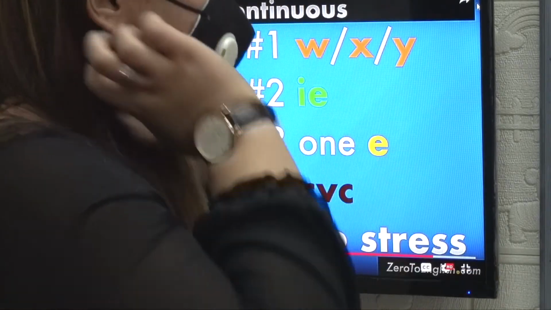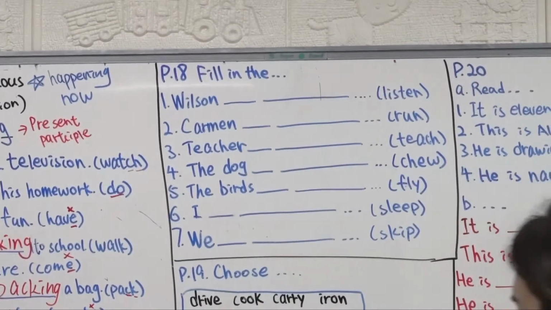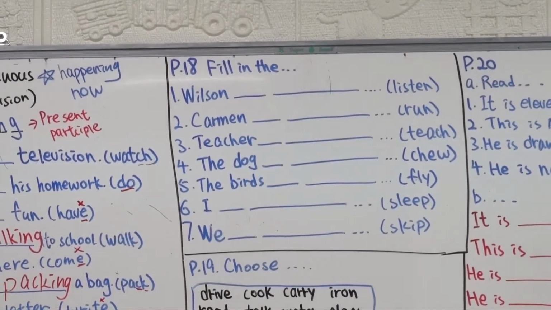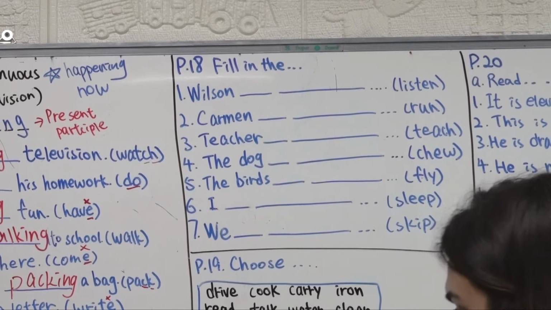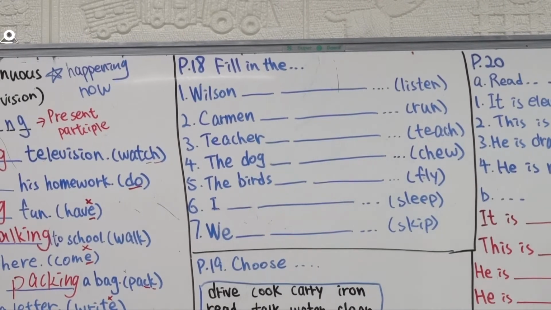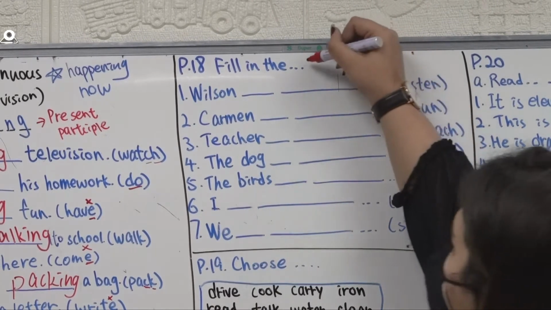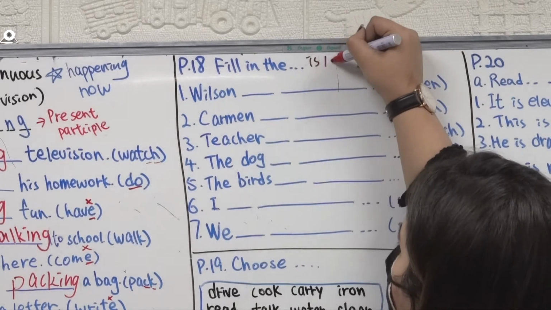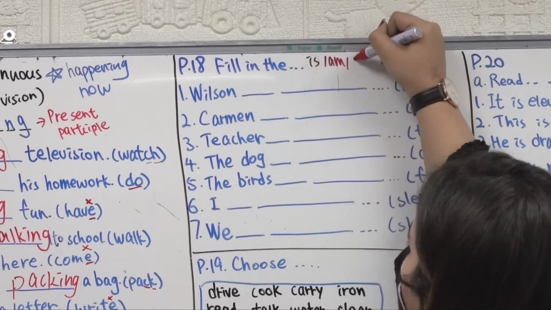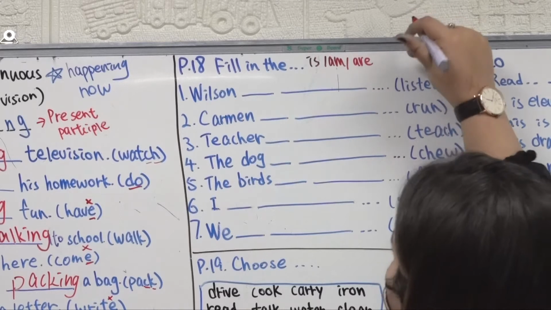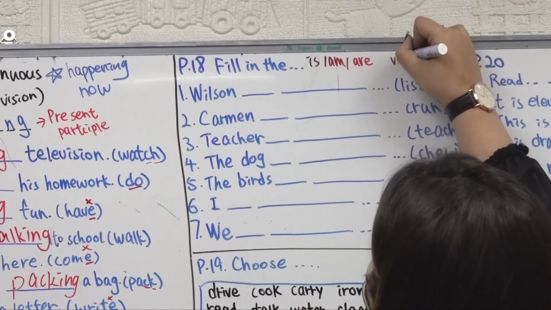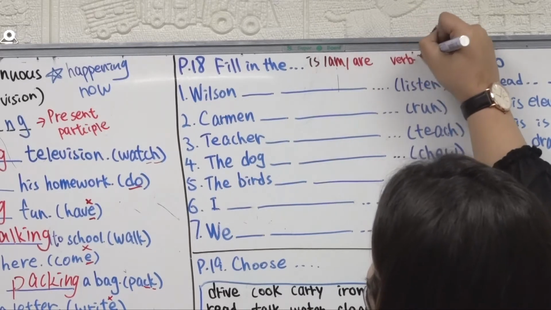So let's do some exercise. Let's do some exercise on page 18, on the spelling rules and all that. So basically, on present continuous tense, the form is am, is, or are, and then verb with ing.